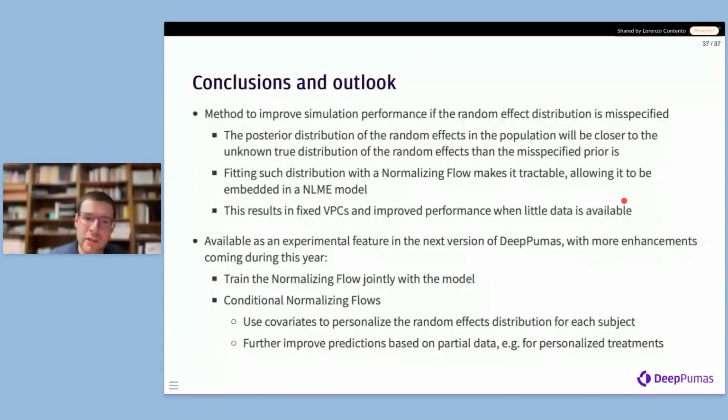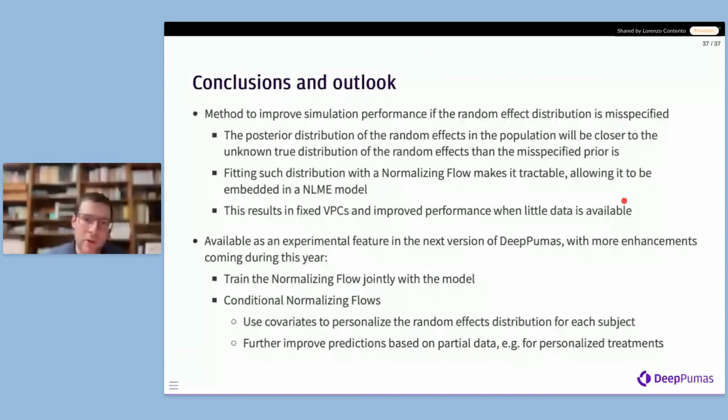The second enhancement we are working on is a conditional normalizing flow that uses covariates to personalize the random effects distribution for each subject. So in a way, this learns a mapping between covariates and random effects.